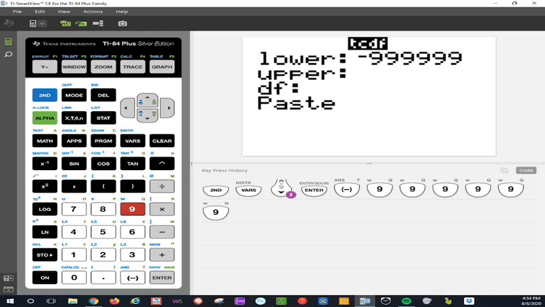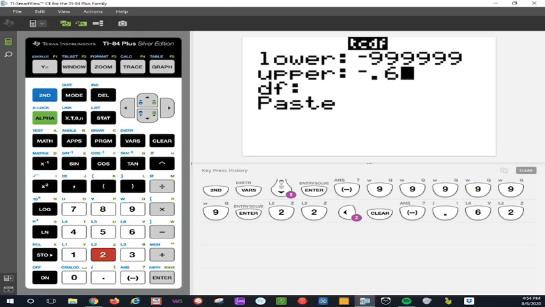The upper bound will be 20. Oh, sorry. You cannot put 22. We can only use the T statistics, which is, okay, we need to clear, what do we find the T statistics? Negative 0.62, right?